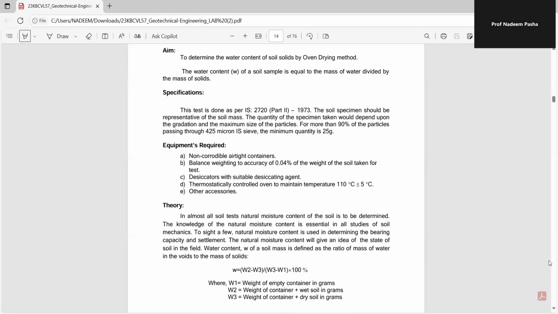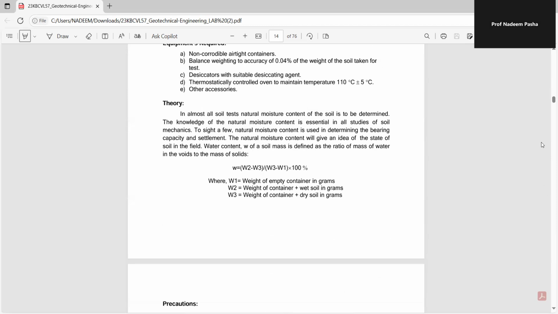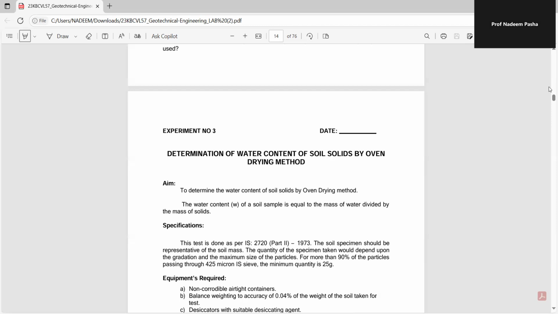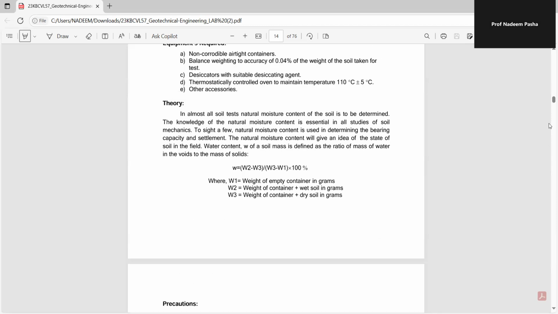What are the equipments used? Equipments required. Non-corrodible airtight containers, a balance weighing accurately to 0.04% of the weight of the soil taken for the test, desiccators with a suitable desiccating agent, a thermostatically controlled oven with a temperature of 110 degrees Celsius plus or minus 5 degrees Celsius, and other accessories.